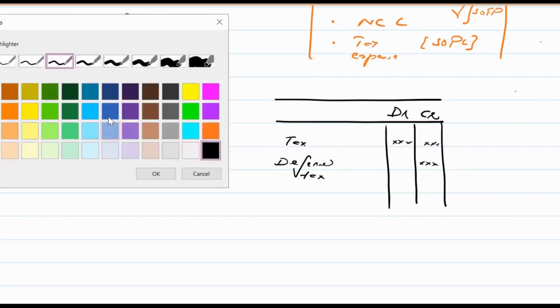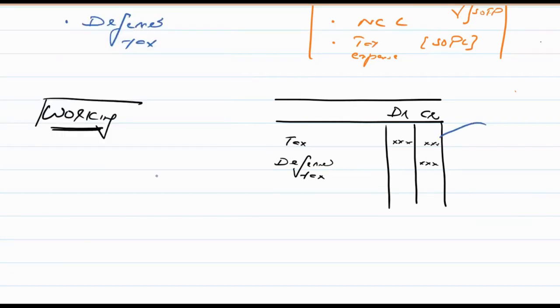If it's the credit balance, then this represents over provision. Remember, the examiner is not going to tell you this. They say the balance in the trial balance represents the under or over provision, so you need to remember yourself. If it's the credit balance, it's the over provision.